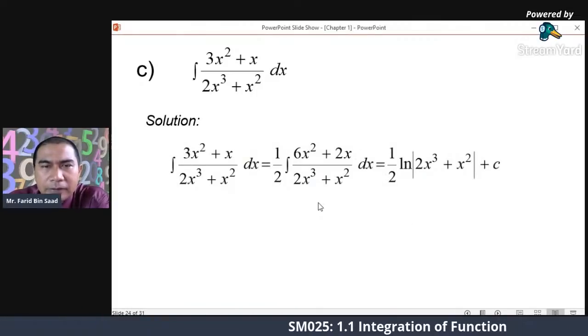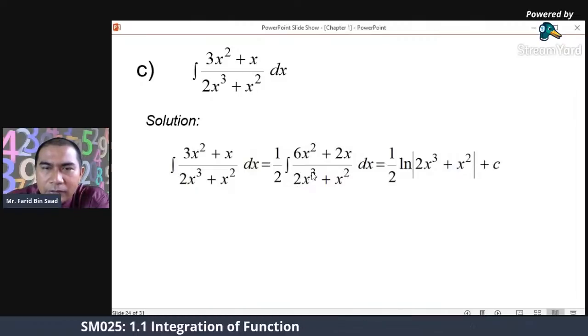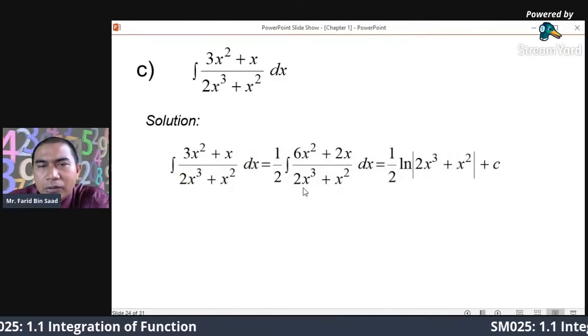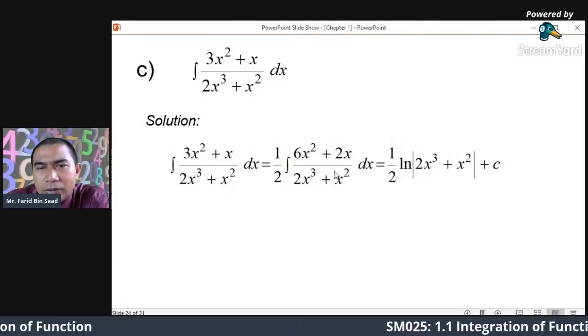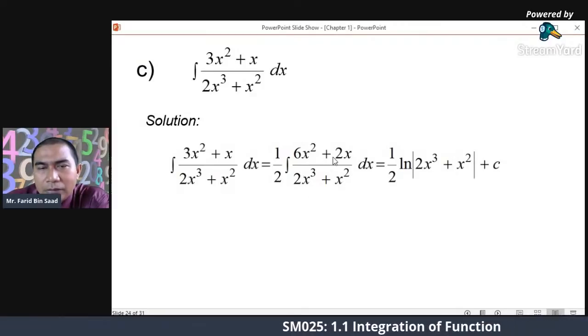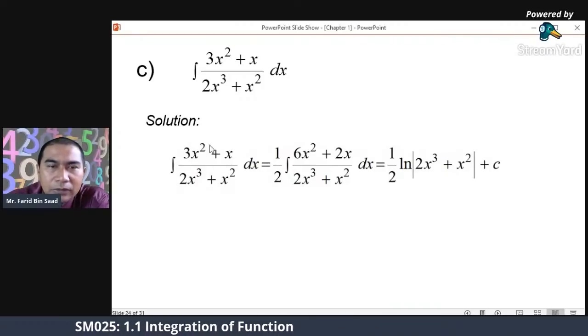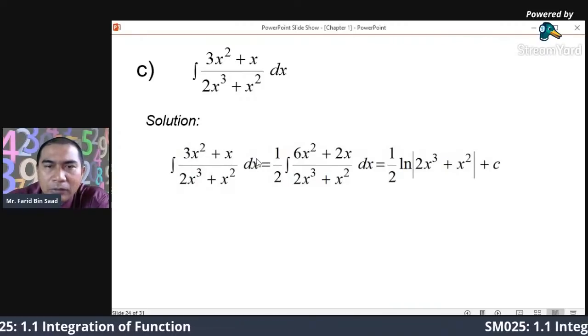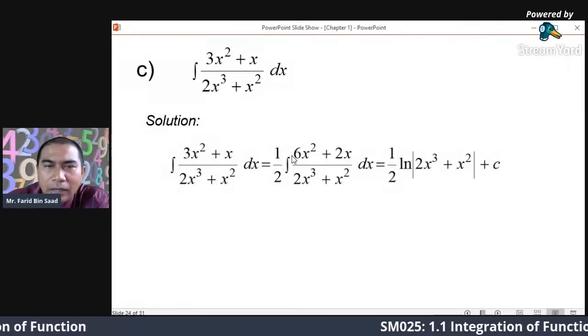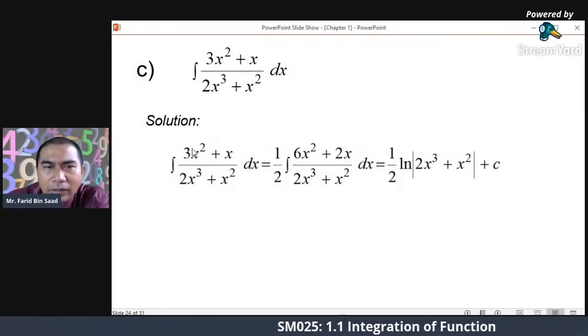Okay, here is the solution. f x is 2x cubed plus x squared, and when we differentiate f x, we get 6x squared plus 2x, but we already changed the question. We multiplied the question 3x squared plus x by 2.